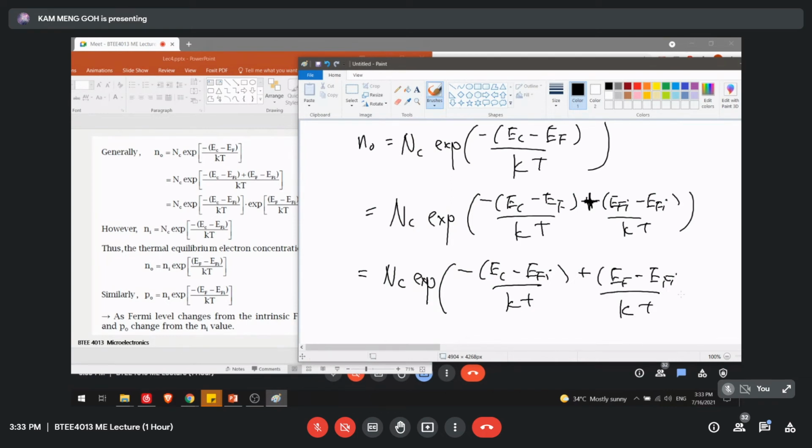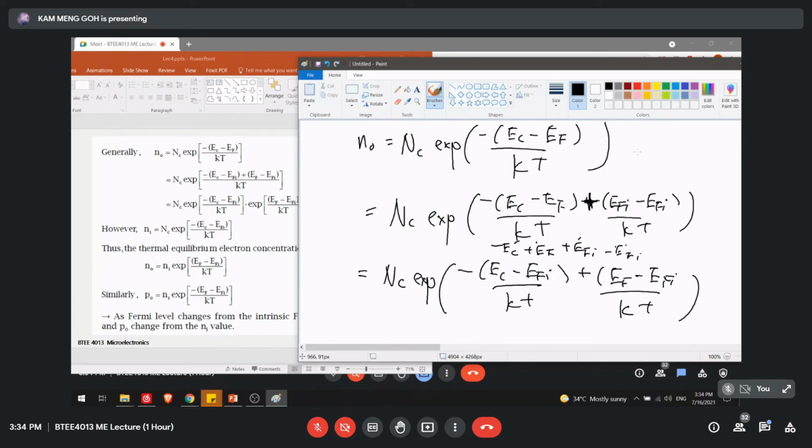We try to rearrange everything. If you want to break it, you can see minus EC plus EF, then plus EFI minus EFI. We try to combine these two together, or you can change it to minus, no problem. These two things combined together, also can.